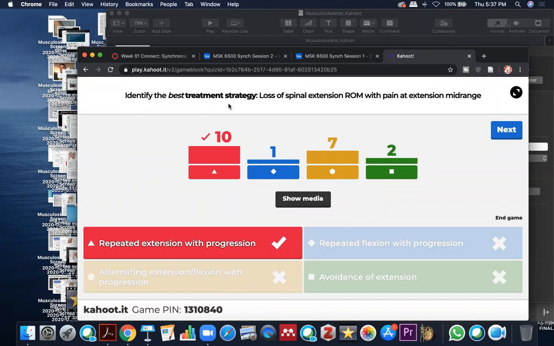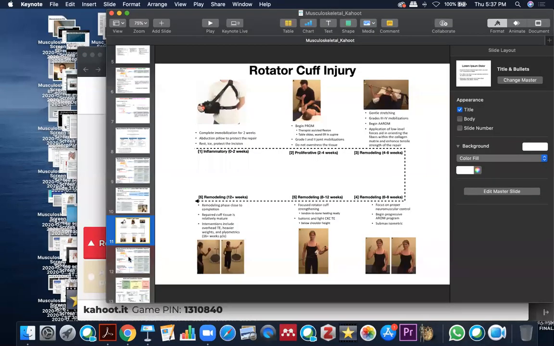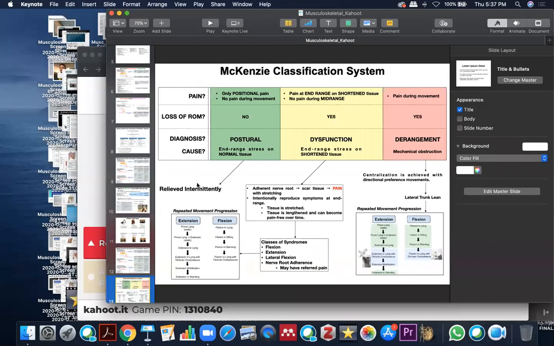Thank you for that. All right, so this one. We've got loss of spinal extension range of motion with pain at extension to mid-range. You probably didn't need it without this, but just in case it comes up, I don't think we're going to have a lot of responsibility for this per se, but this is with the McKenzie classification system.